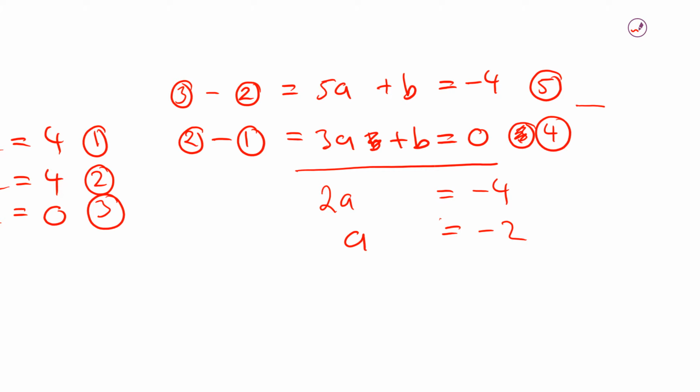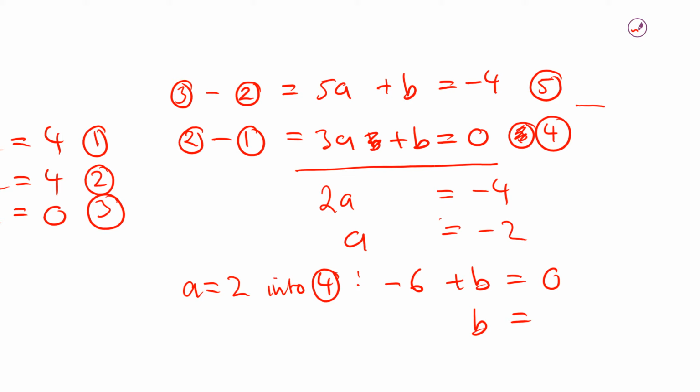So in equation 4, we substitute a equals minus 2. Let's see what happens. We know a is minus 2, so 3a is minus 6. Minus 6 plus b equals 0, so b equals 6.